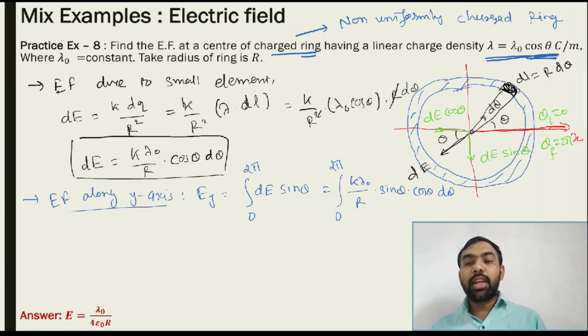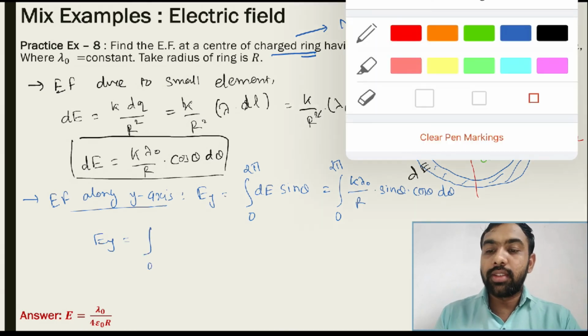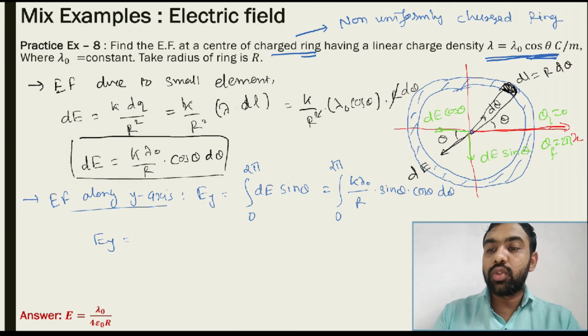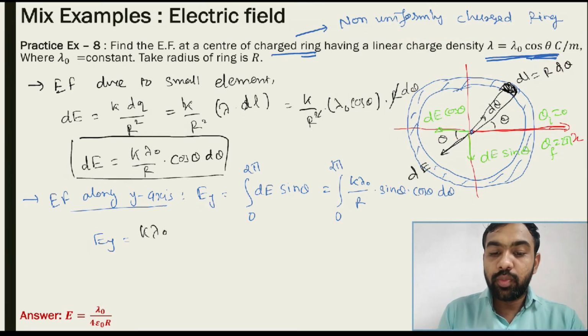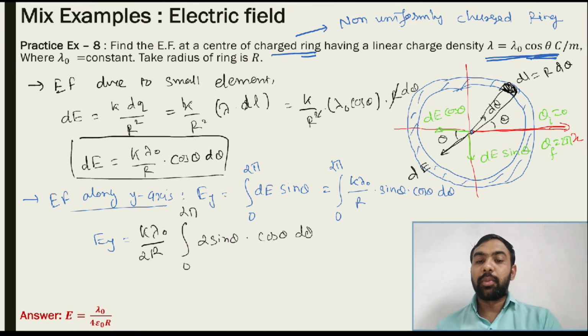So you just convert this value. So Ey is equal to integration 0 to 2 pi; if anything is common, cancel it out. So k lambda 0 upon r, you convert this into sin 2 theta, so 0 to 2 pi of 2 sin theta cos theta d theta.